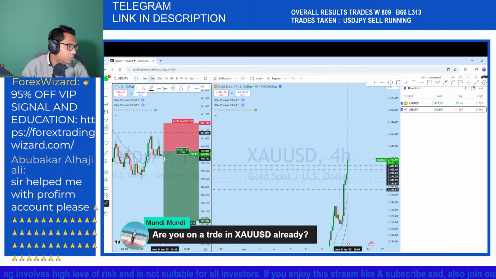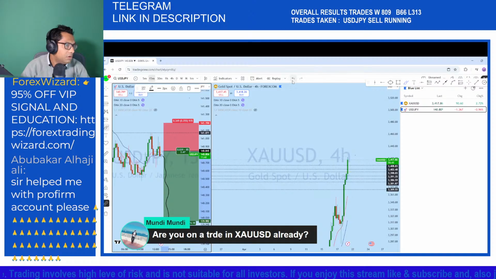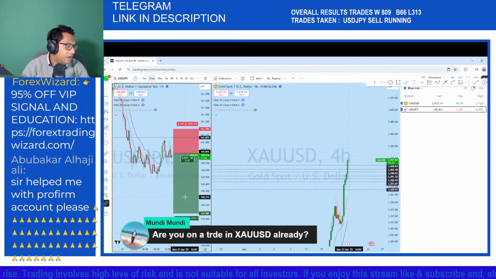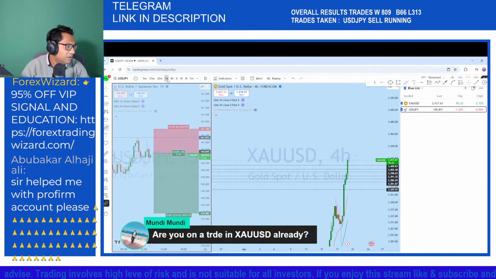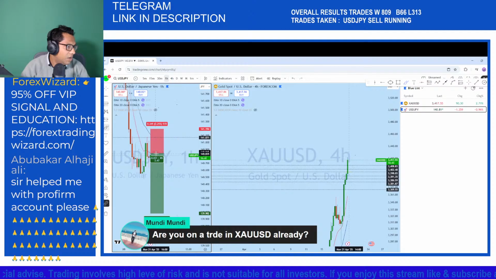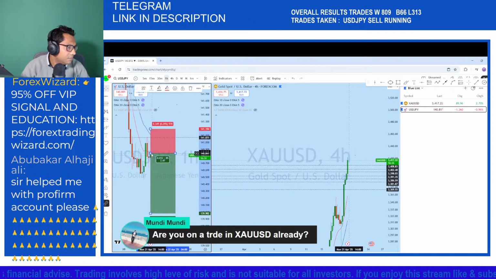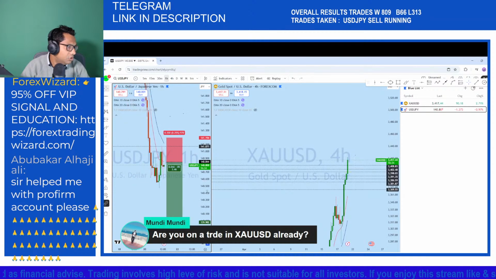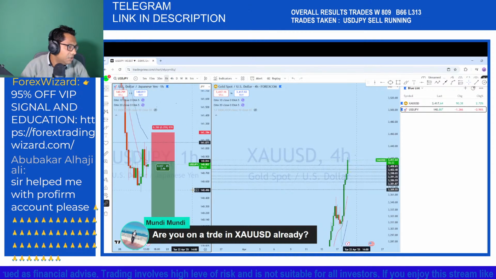expecting it to come back here to that support where there is liquidity, and from the 1 hour here, there's a doji formation in this area.